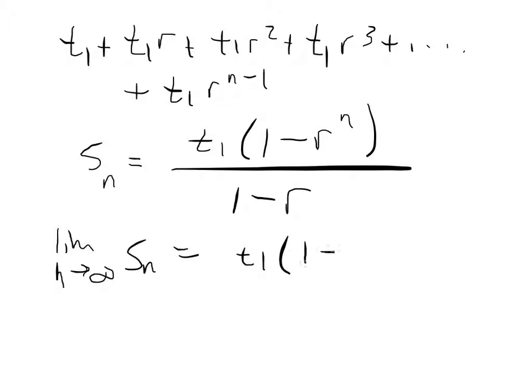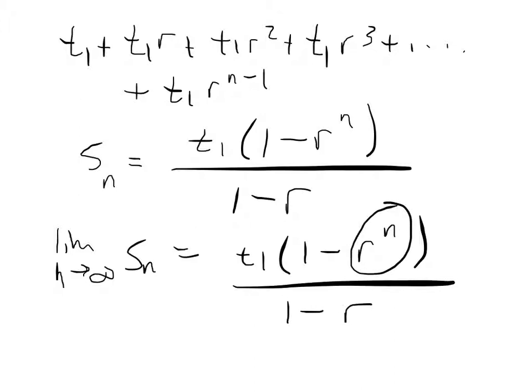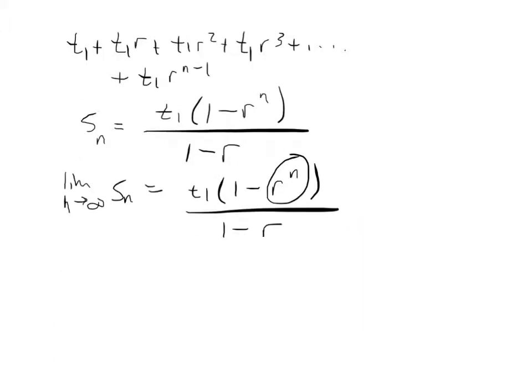That's fine. 1 minus, and the key element in here is the r to the n. What's going to happen? And clearly 1 minus r isn't going to change, that's not very exciting as n goes to infinity. I certainly already have r, not really affected. The question is, what's happening with this r to the n term?